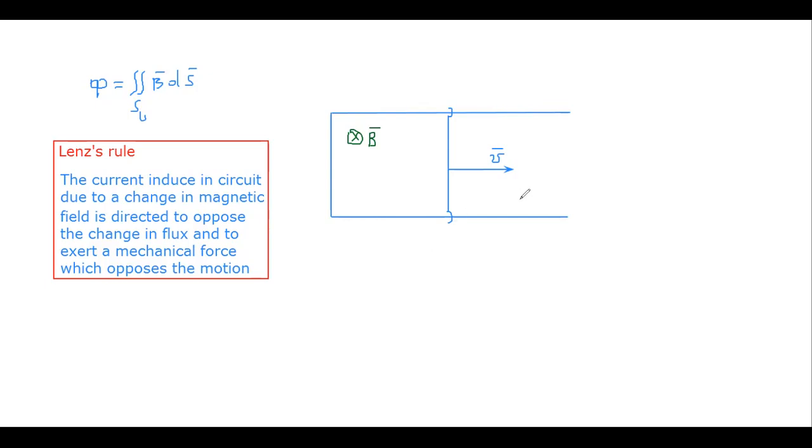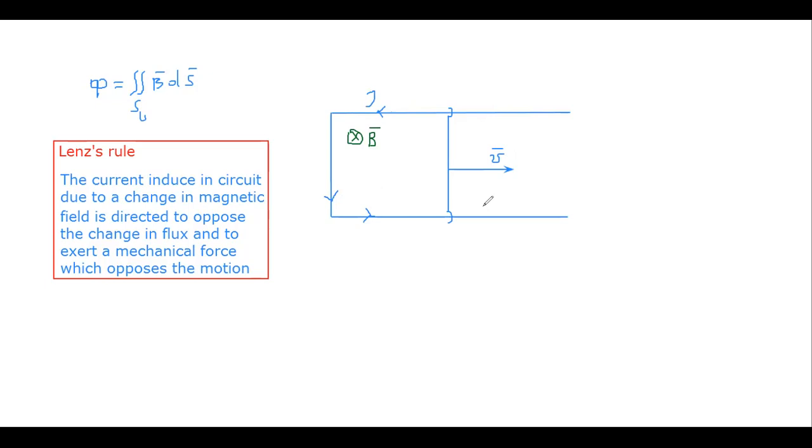So the magnetic field caused by induced current should be opposed to the internal magnetic field, and because of this we can define the direction of induced current in this way. This is induced current.